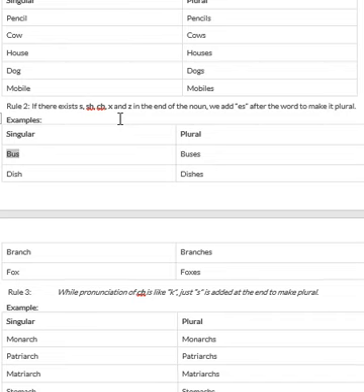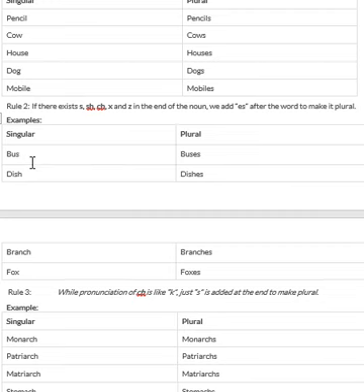Previously we added S to make the pencil plural, but to make the bus plural we will have to add ES, because there is S in the ending of the word bus.